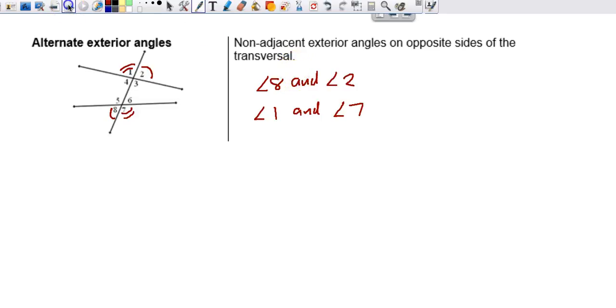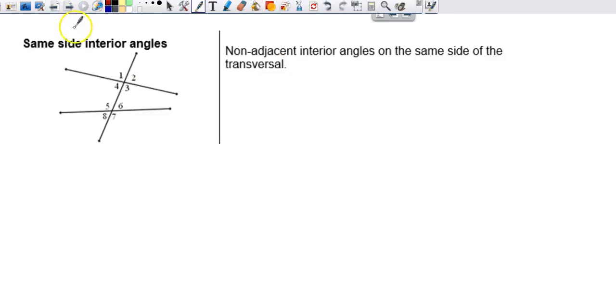And the last pair, and there's definitely other pairs of angles that might not have a name that you can still come up with a relationship. But the last pair that has a name is same side interior, and a lot of times we call these consecutive. So they mean the same thing, but basically these two angles would be angles that are non-adjacent, but they're on the same side of the transversal.